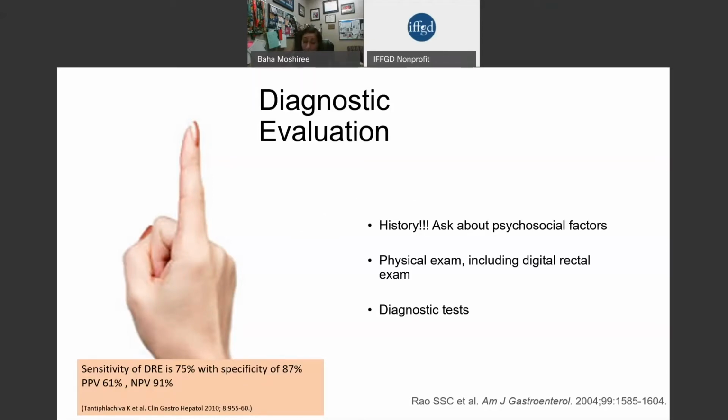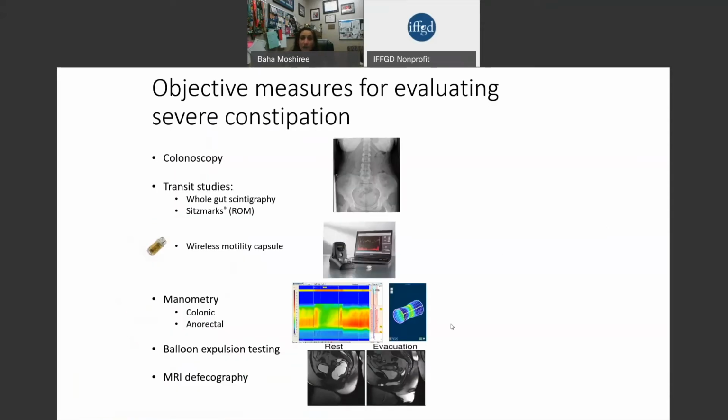If we feel really hard cemented stool in the rectum, then that can lead to other diagnostic testing that the patient may need. So the most important diagnostic test is our finger, especially for patients who have constipation-predominant IBS. And I would say also for the mixed type IBS patients, but really every patient should get that at least the first time.